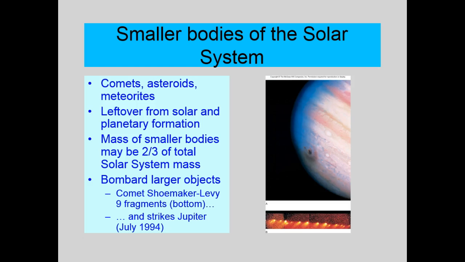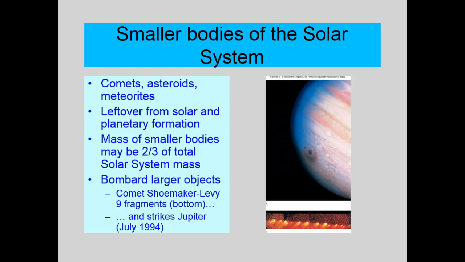It says, the total mass of all these leftovers in and around the solar system may account for as much as 2/3 of the total mass after the sun's mass is taken into account. See, the slide doesn't say that, because earlier on page 379 it said the sun has 700 times the mass of all the planets, all the moons, and all the minor members of the solar system put together.